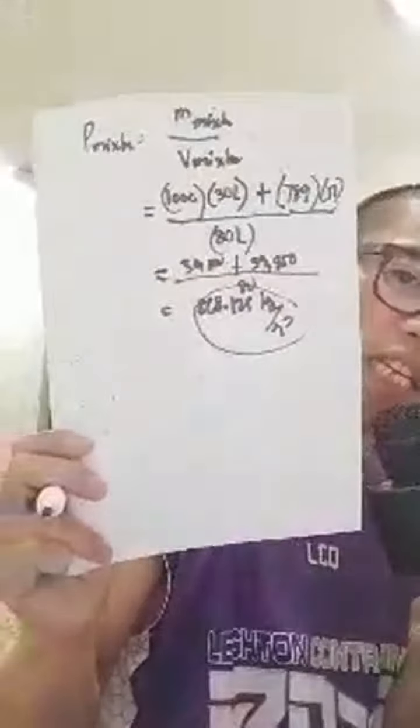A, 1789 kilograms per cubic meter. B, 918 kilograms per cubic meter. C, 445.5 kilograms per cubic meter. D, 868.12 kilograms per cubic meter. E, none of the above. D is the answer. It's also the same as our computation here, 868.125, which is almost perfect.